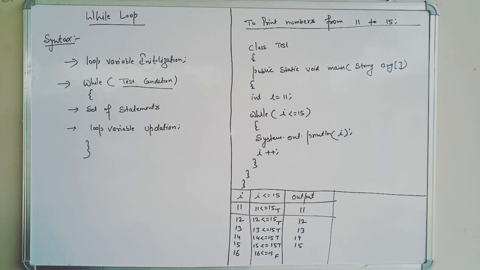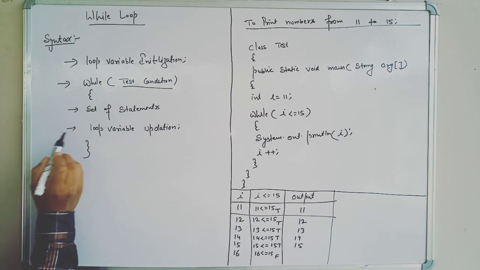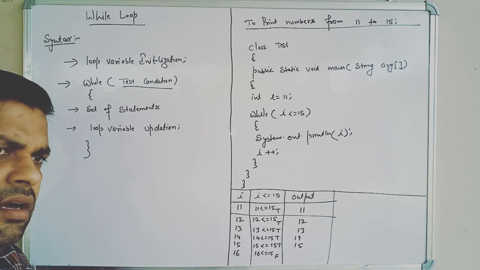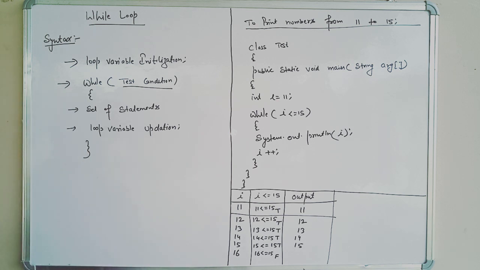In the previous video, we did for loop. In for loop, there was a different structure for updating the variable, but it is mandatory in while loop to update the loop variable within the loop body.